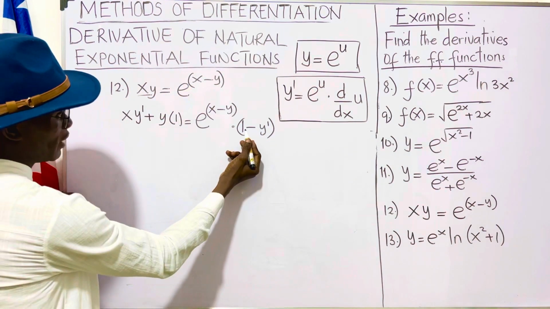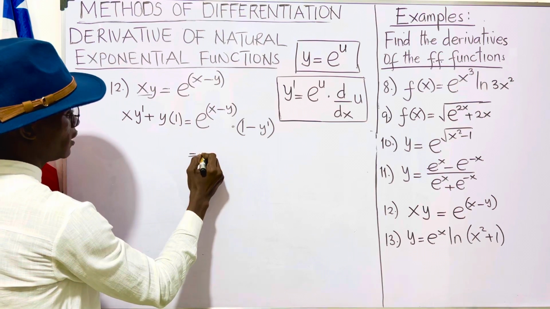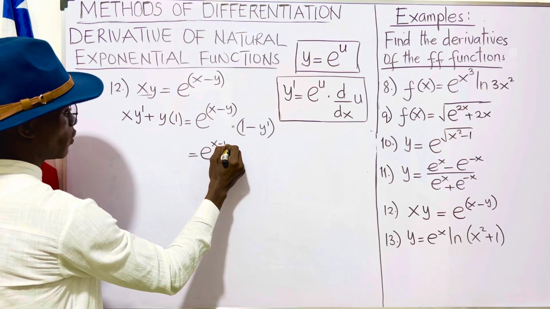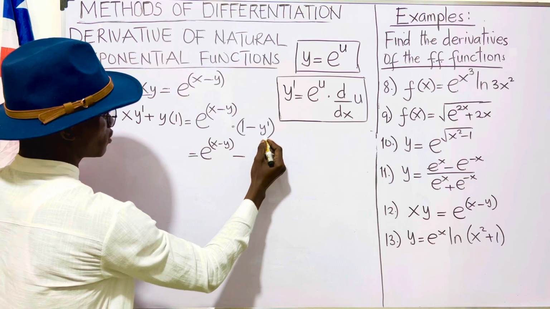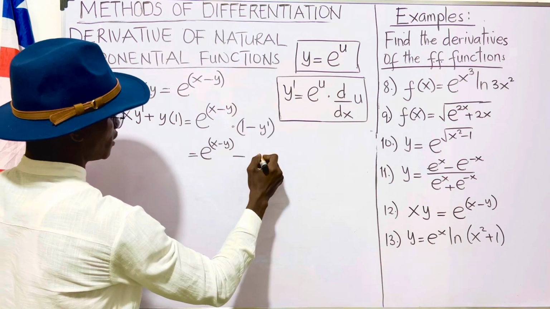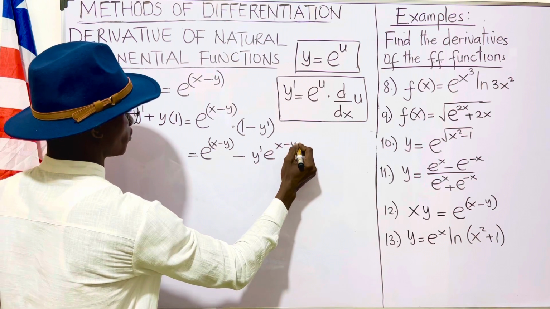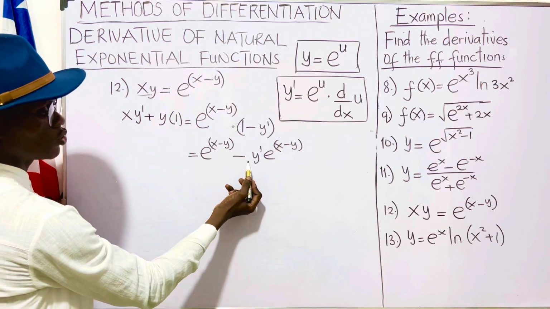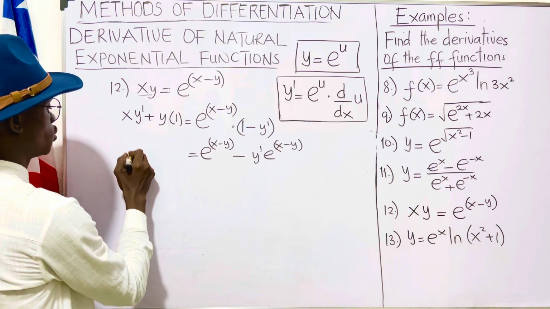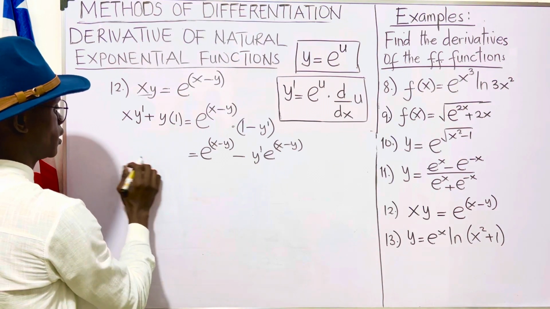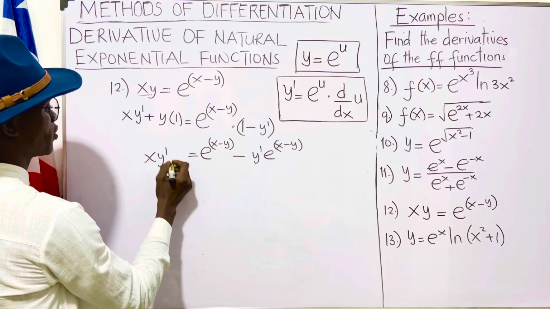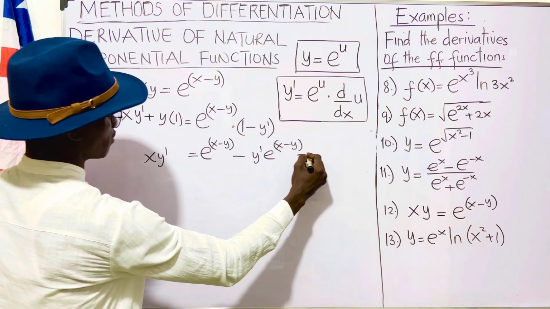So now we can multiply 1 by e raised to the power x minus y, minus y prime times e raised to the power x minus y. The aim is to solve for y prime. So on this side we have x y prime. We can send this 1 across, it becomes minus y.